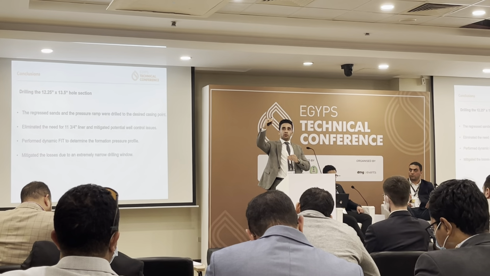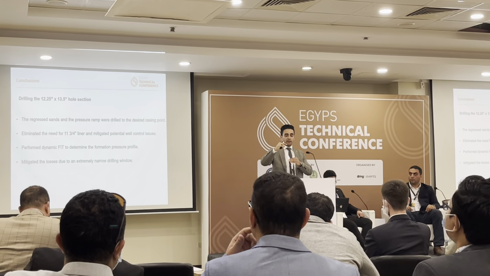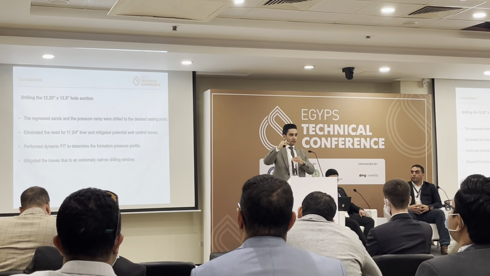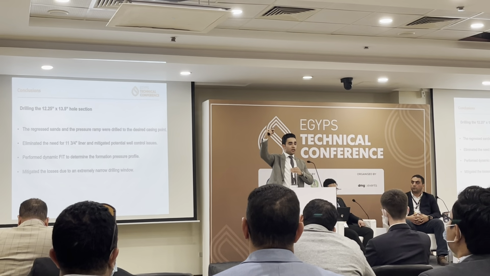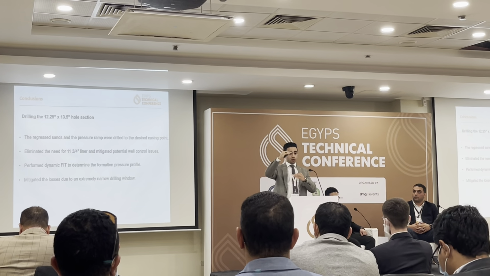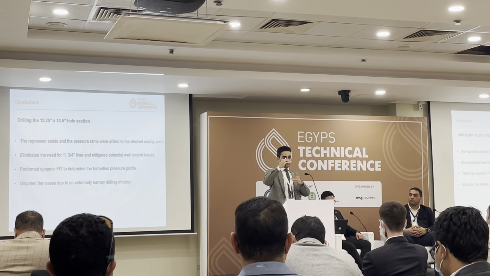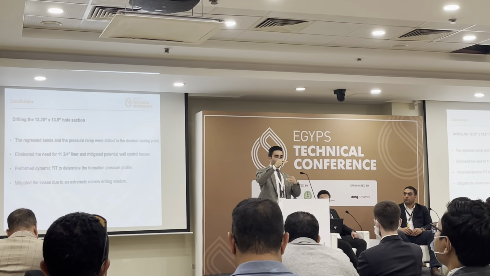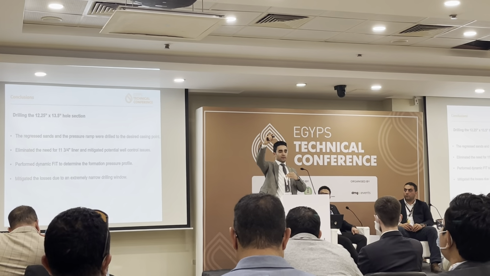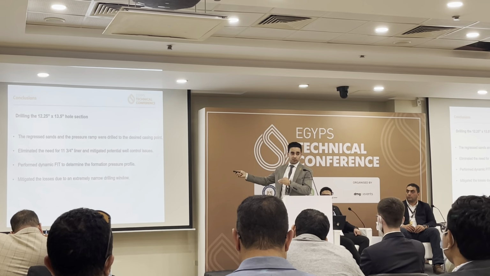So to regain control, we increased the pressure at the bleeding formation without increasing the shoe pressure at the weak sands. So we used the MPD to spot a heavy pill of 350 barrels of 15.5 ppg in the open hole while keeping the shoe pressure constant. And we can't do that without MPD.